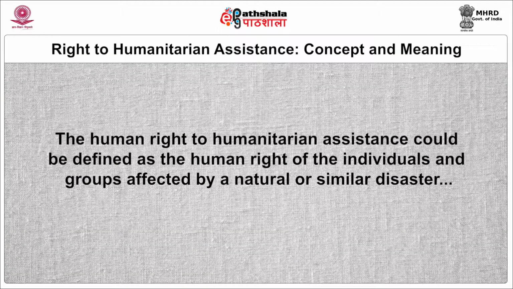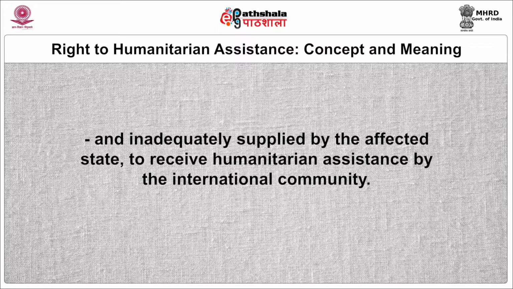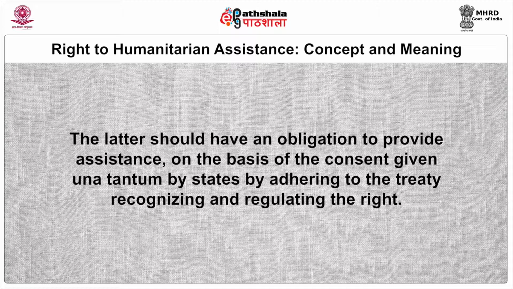The human right to humanitarian assistance could be defined as the human right of the individuals and groups affected by a natural or man-made disaster and inadequately supplied by the affected states to receive humanitarian assistance by the international community, the latter having an obligation to provide assistance on the basis of the consent given una tantum by adhering to a treaty recognizing and regulating the right.